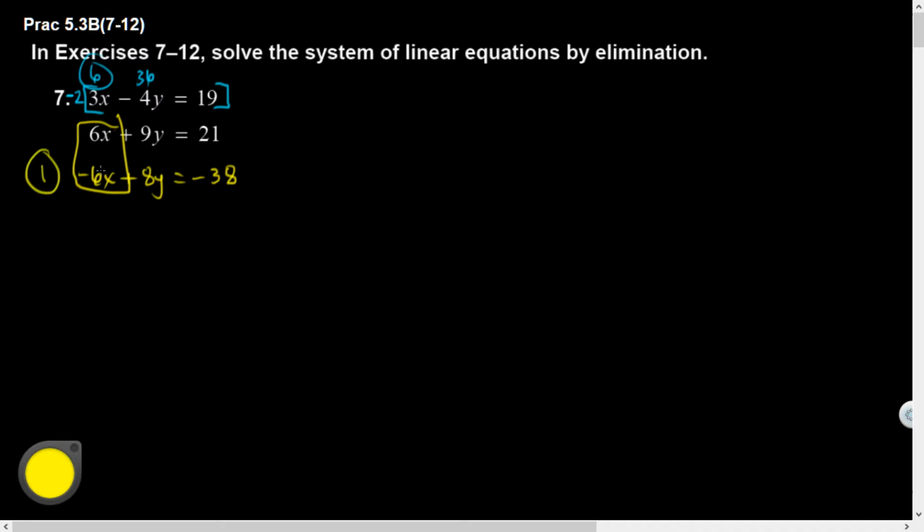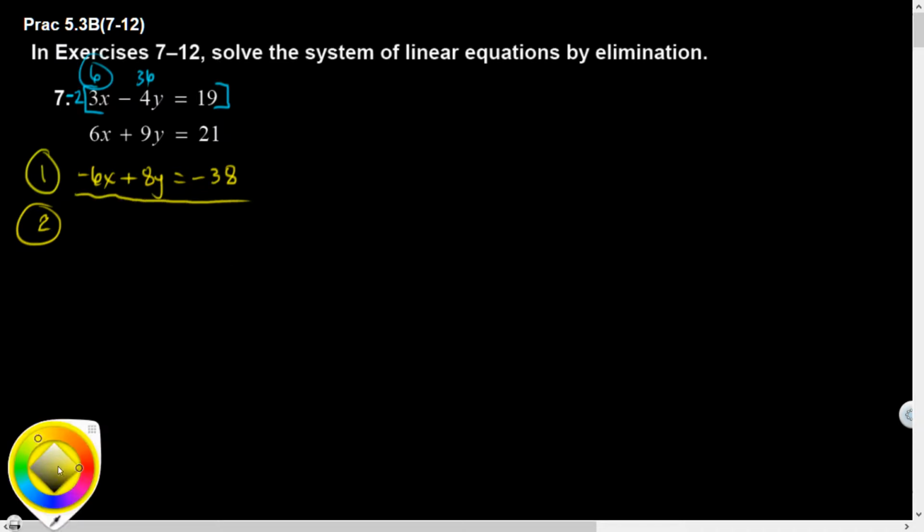So notice I made both of these some form of 6 or negative 6. That's the reason I do it. I want opposite coefficients, and the reason I want that is because of step 2. You'll see right here, if I don't have opposite coefficients, this won't happen. What happens when I add 6x and negative 6x?